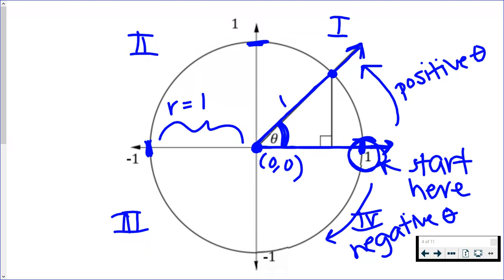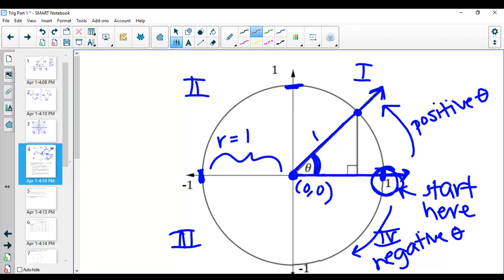The last thing I'll talk about is this point right here that was made with this ray. Now let's say that the base of the triangle has a side length of x. And let's say that the height of the triangle has a side length of y.